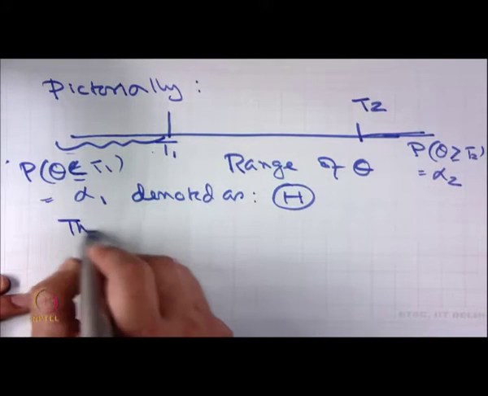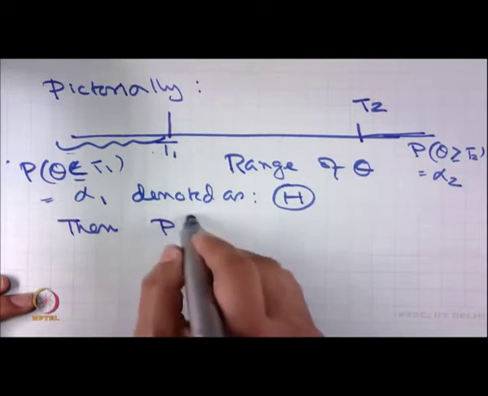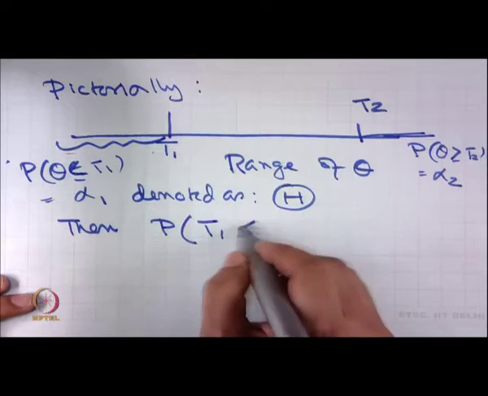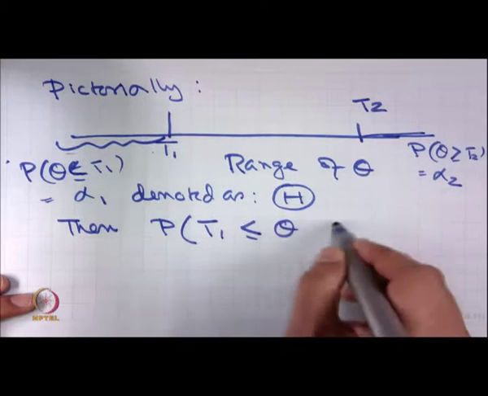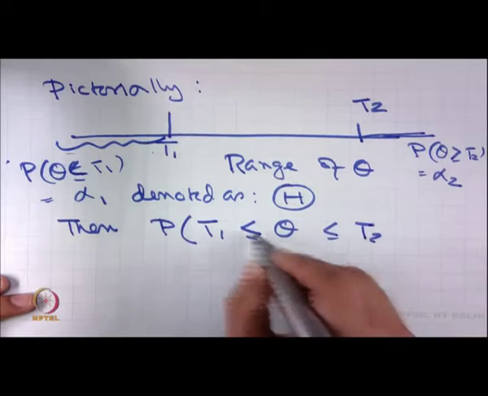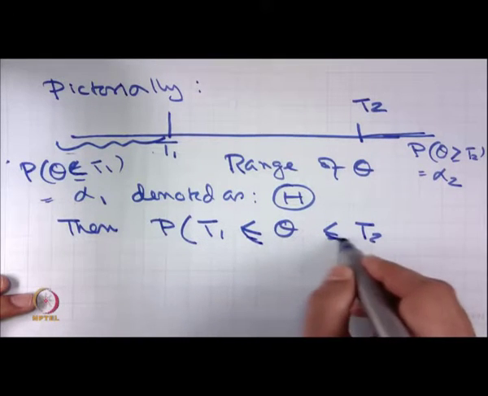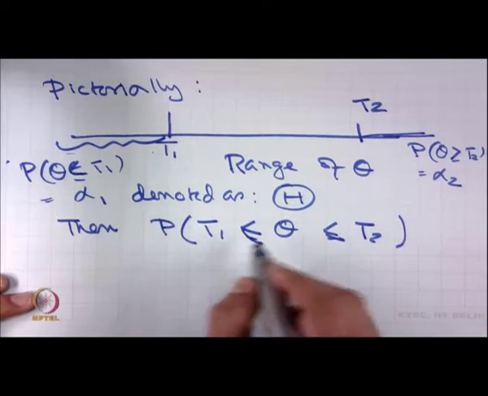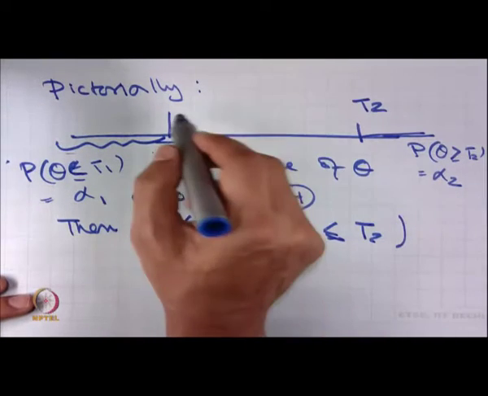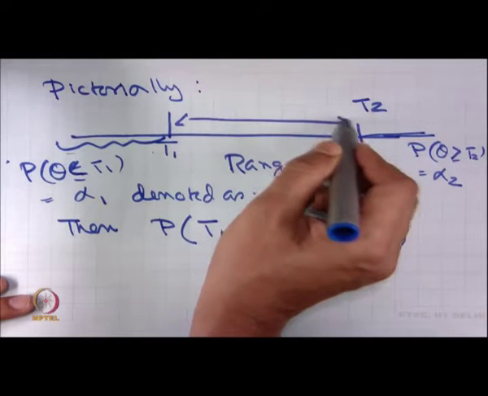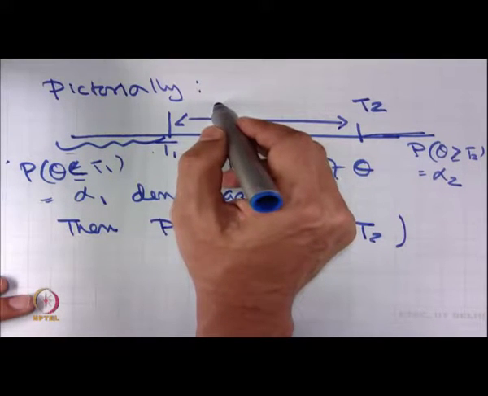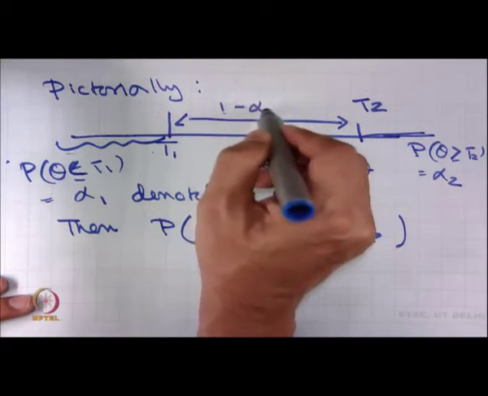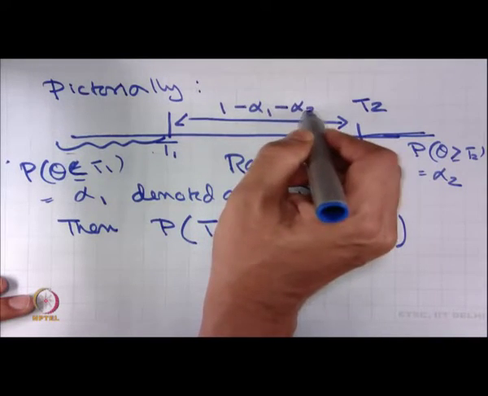Then probability T1 less than or equal to theta less than or equal to T2, or say let them be strict inequality, it does not matter because it is a continuous case, and this probability is therefore going to be 1 minus alpha 1 minus alpha 2.